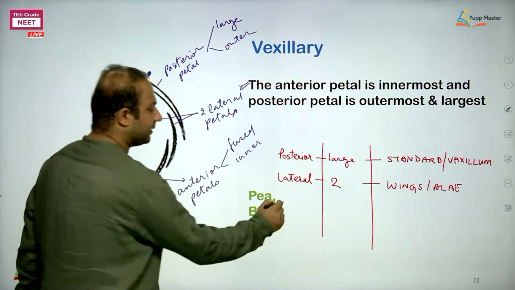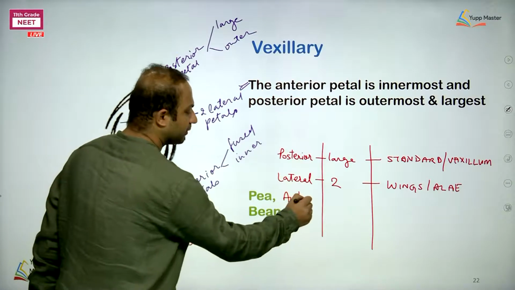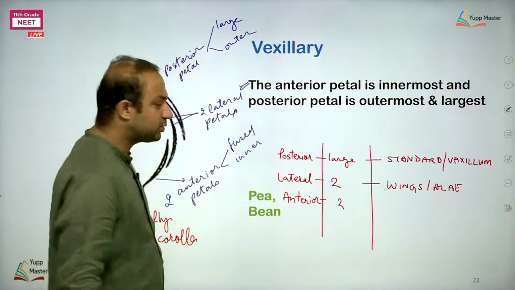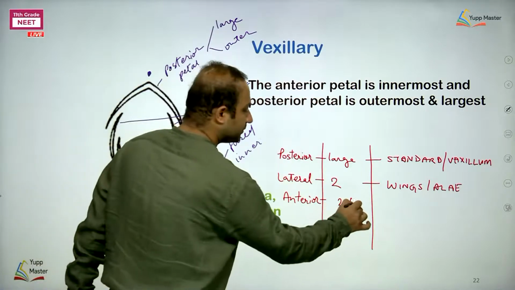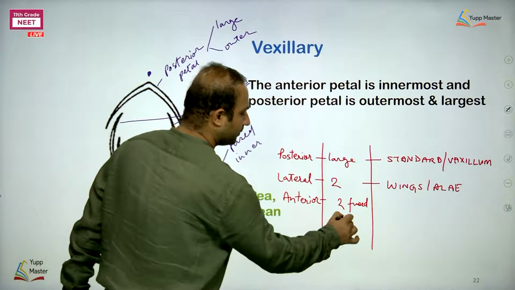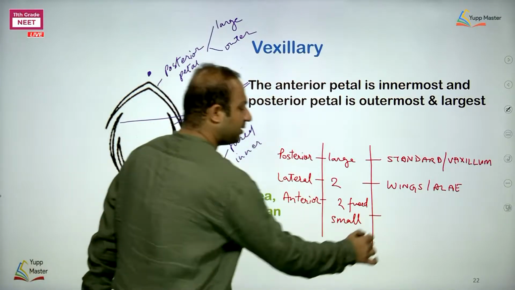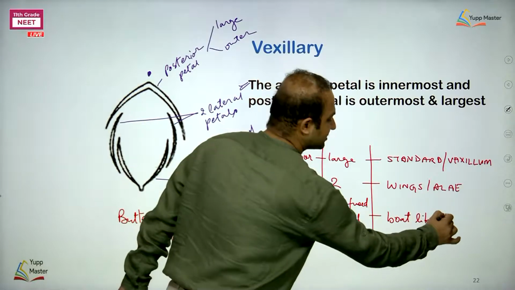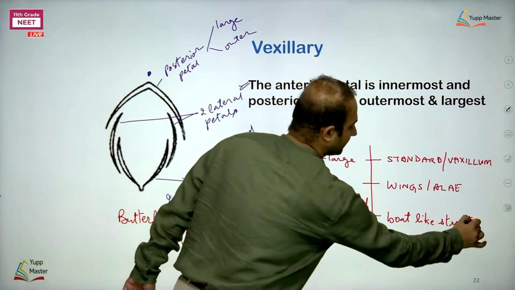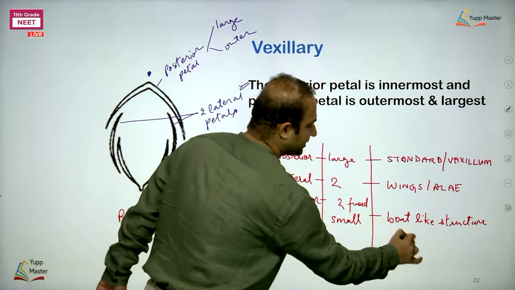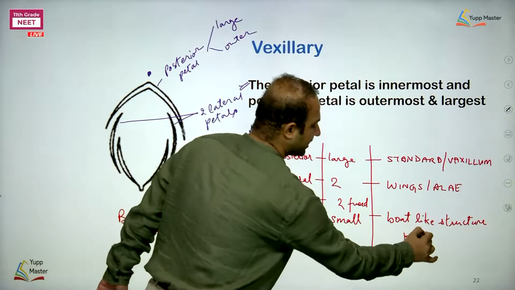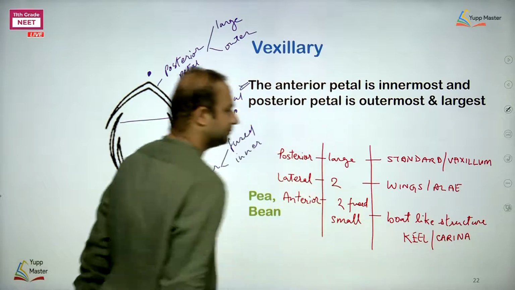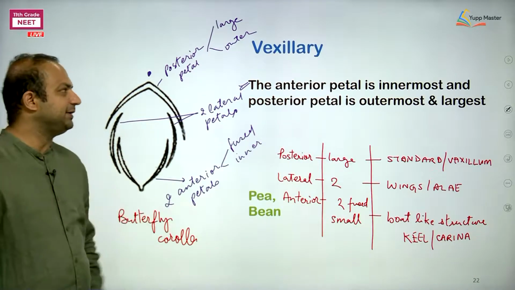Whereas the other ones, what? Anterior two. How many petals in total? Five. The anterior two are fused and small. They form a boat-like structure, which is keel or carina in name. The name of this boat-like structure is keel, seen in pea and bean.